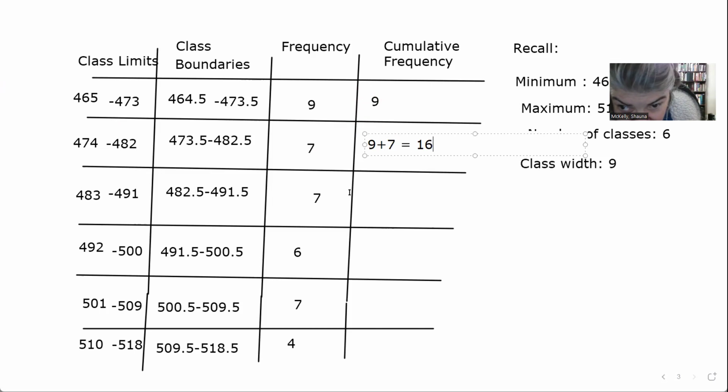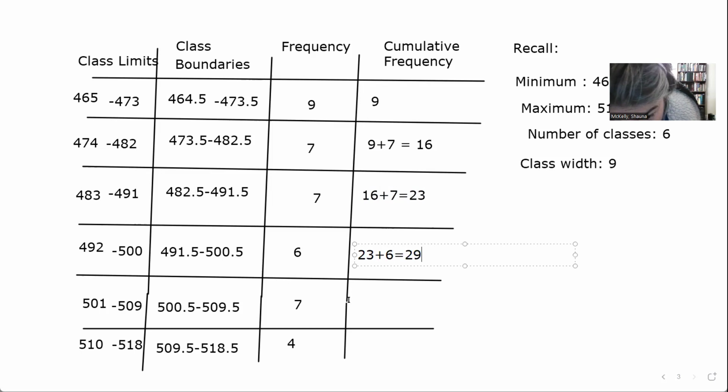Then we're going to say this is 16 plus 7. Feel free to use a calculator if you need to, but 16 plus 7 is 23. 23 plus 6 is 29. 29 plus 7 is 36.